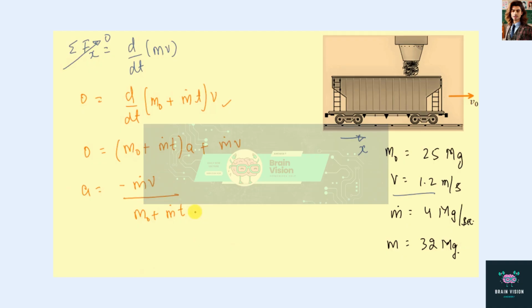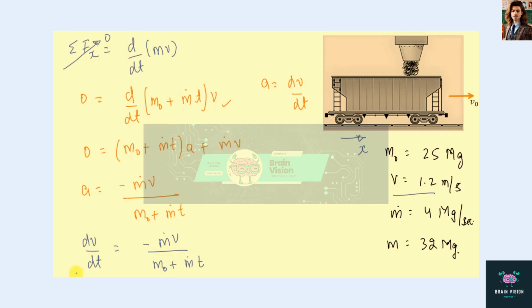We know that acceleration is dv over dt, the rate of change of velocity, so dv over dt equals minus m dot v divided by m naught plus m dot t.